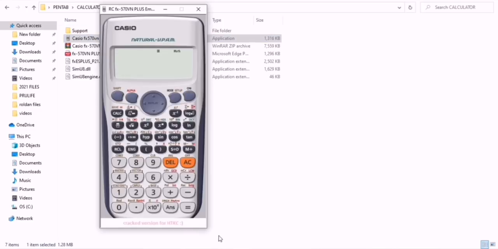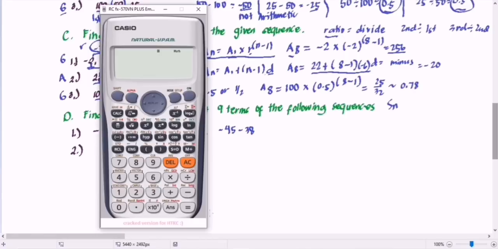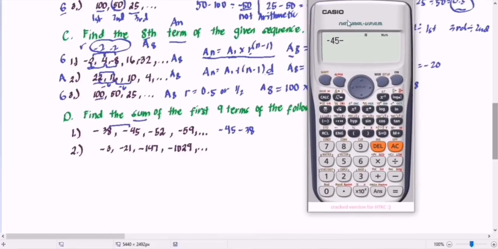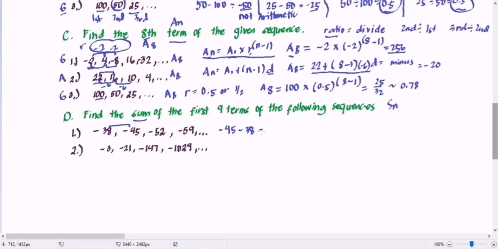Pero i-calculate natin para sigurado. Negative 45 minus 38, so hindi pala yung negative 7. So, that is equal to negative 83. So, lagyan natin dito, negative 83.